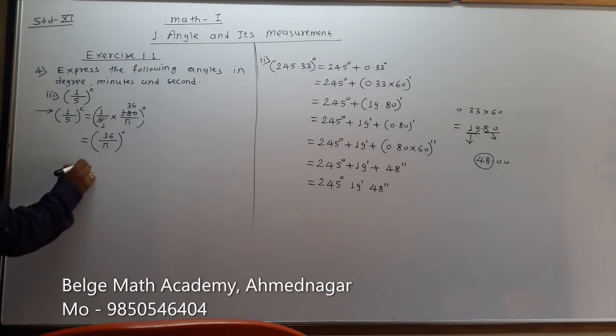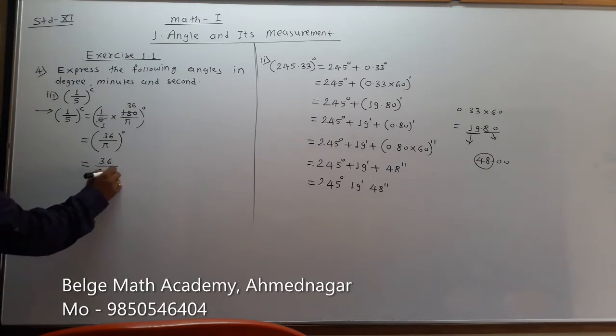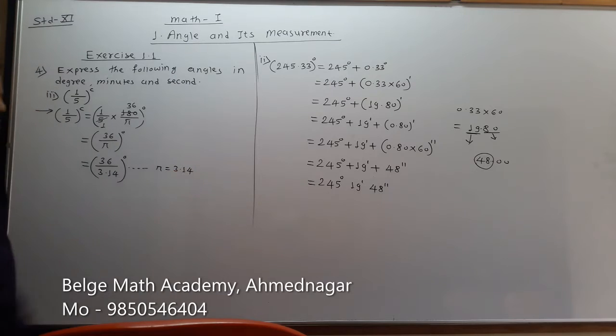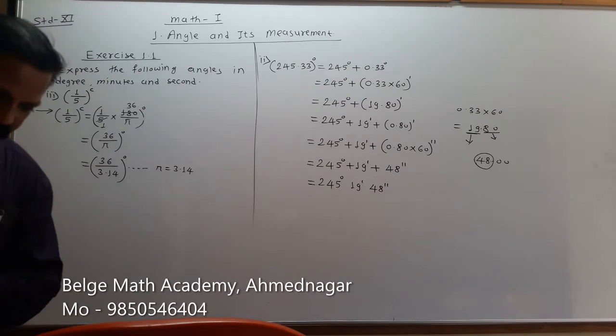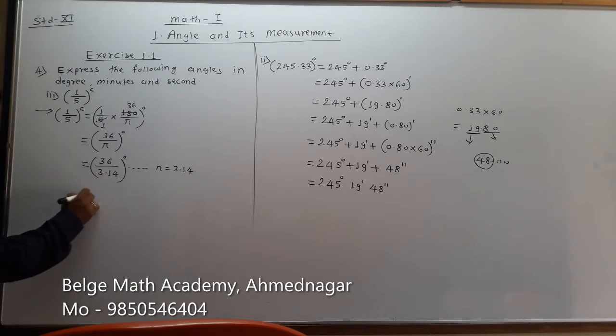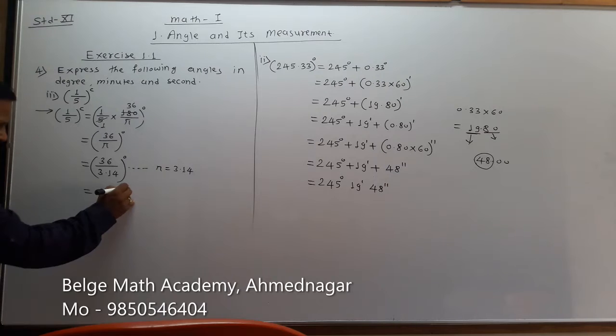Put the value of pi, 36 upon 3.14, that is the value of pi. Now 36 upon 3.14, this division is equal to 11.46.